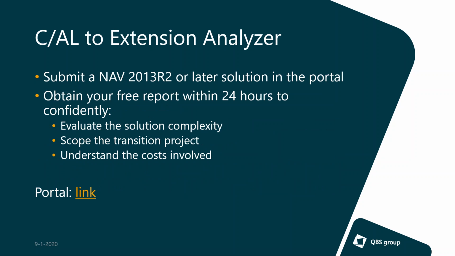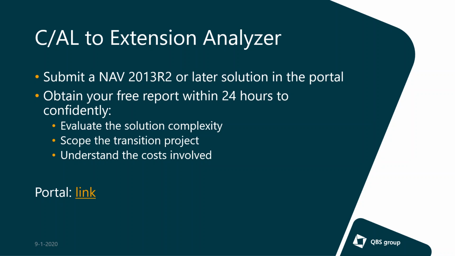What does this mean? You're able to use this tool for free. Just submit a NAV 2013 R2 or later solution in the portal, and within 24 hours you get a free report so you're able to see, okay, what's the complexity of the solution, how should we scope the transition project, and there's also an estimation on the costs of the transition from CAL to extension.